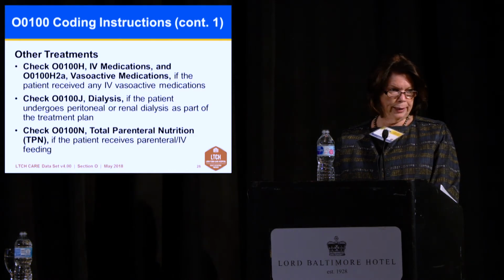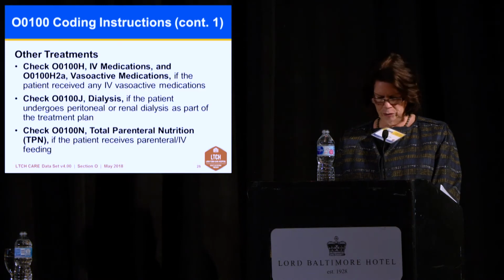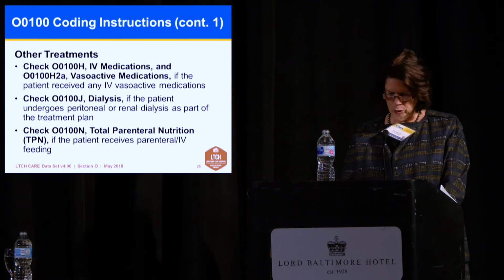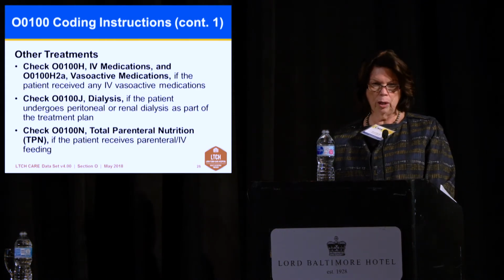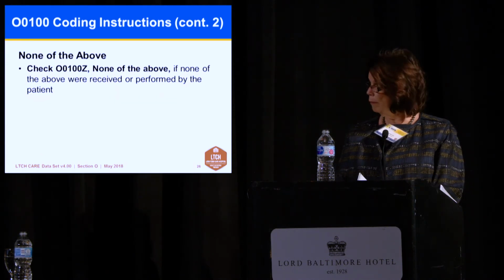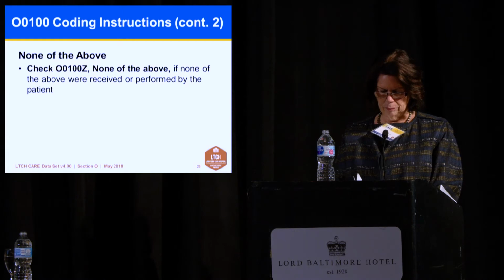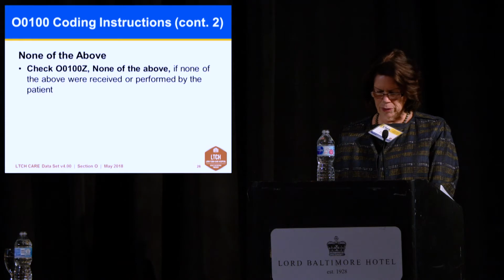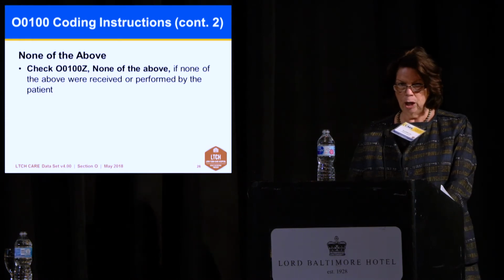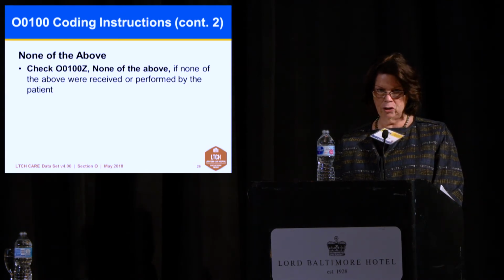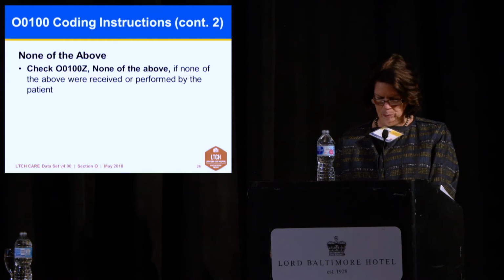Also, on the current version and in the new version, the TPN data element has not changed, and you're going to code total parenteral nutrition if the patient receives parenteral or intravenous feeding. And as with other data elements in the LCDS, you would check O0100Z if the patient is not on any of these treatments or received or performed by the patient.